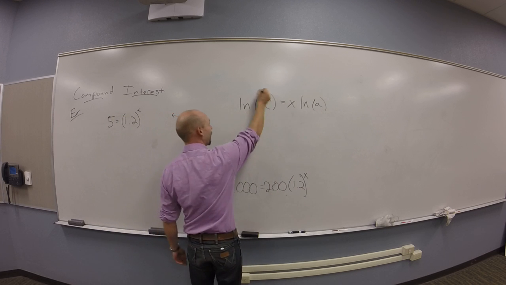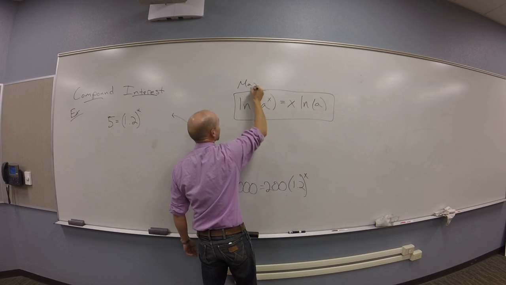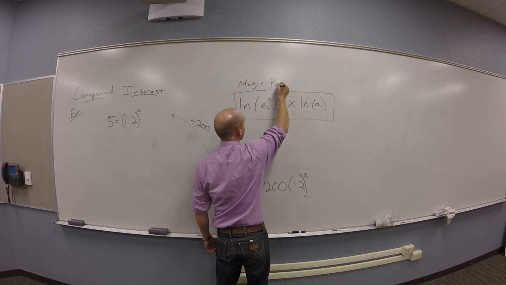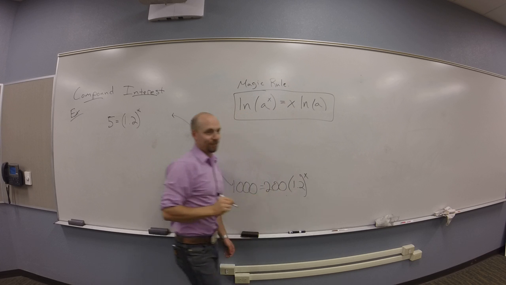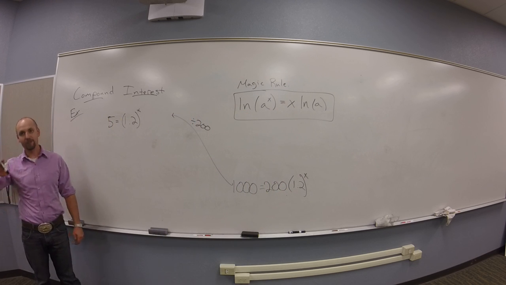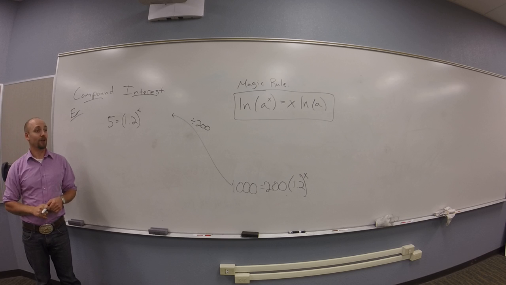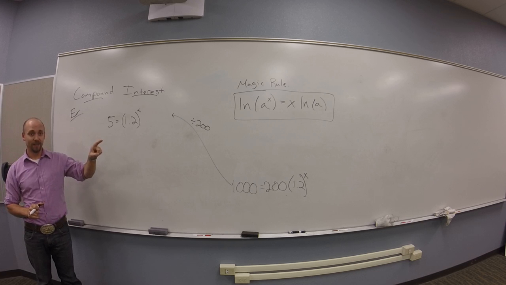This is the magic log rule you'll need for this class. There's a good reason for it, and we can go through it later, but I'm going to trust that the rest of you have seen the justification in algebra 2.